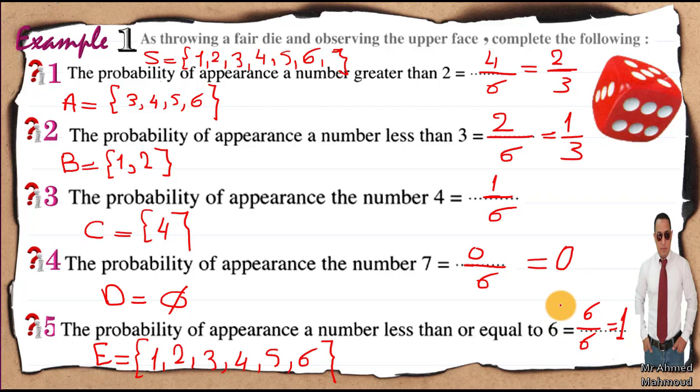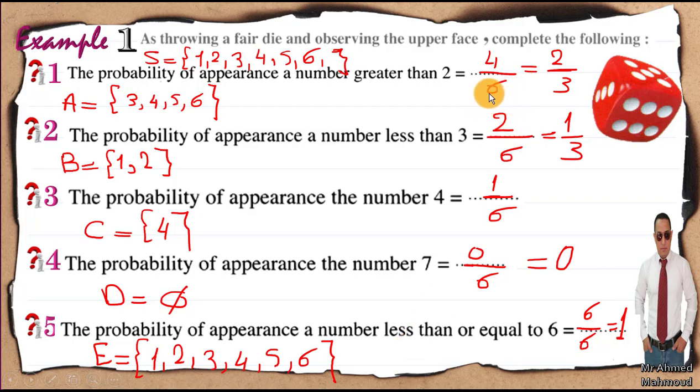By looking carefully, I now have 3 types of events. Events A, B, and C all have probabilities between 0 and 1, and are called possible events. Event D equals 0, this is an impossible event. And event E equals 1, this is a certain or sure event.